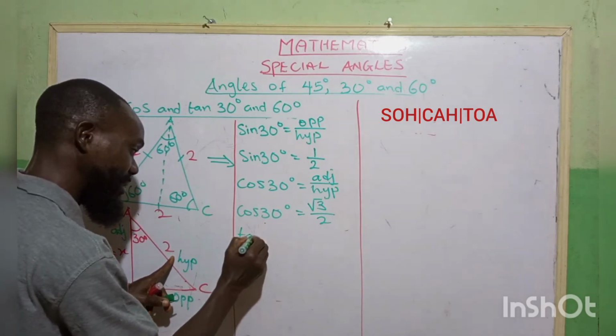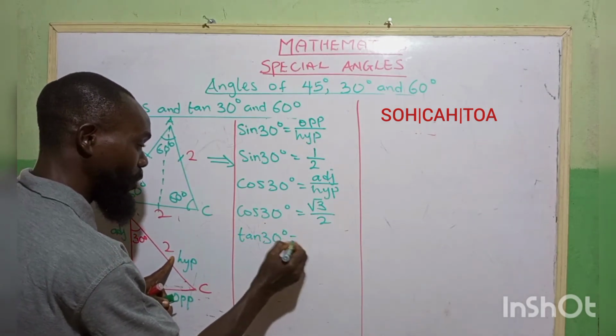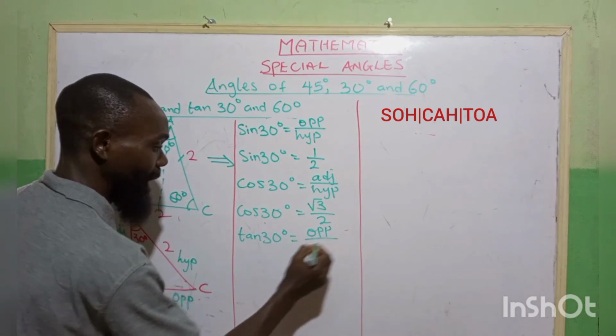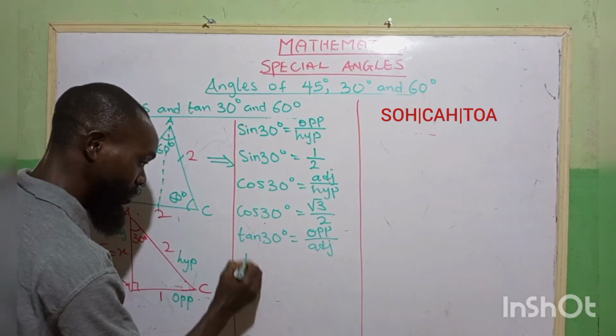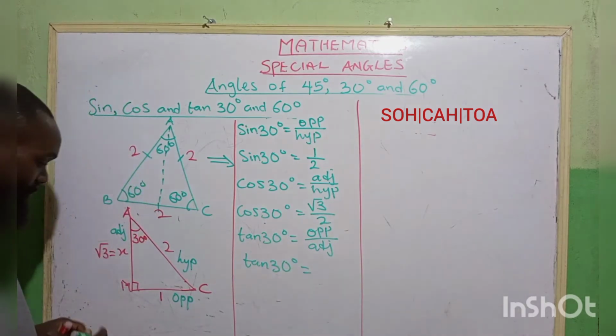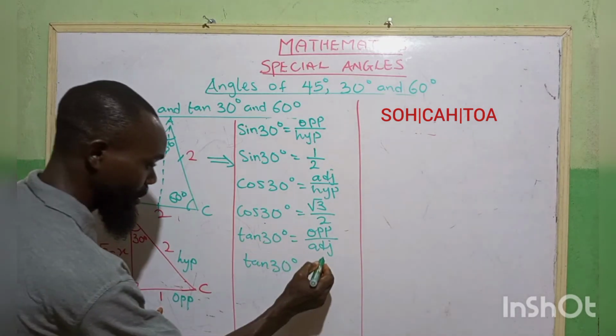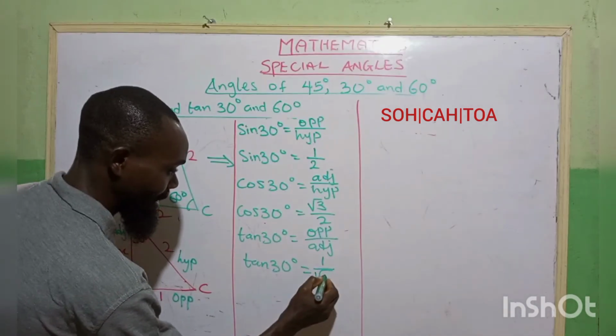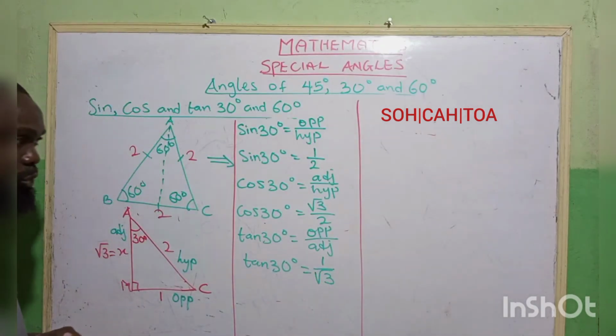Then tan 30 degrees equals opposite over adjacent. So my tan 30 degrees equals opposite, which is 1, over adjacent, root 3. That is 1 over root 3.